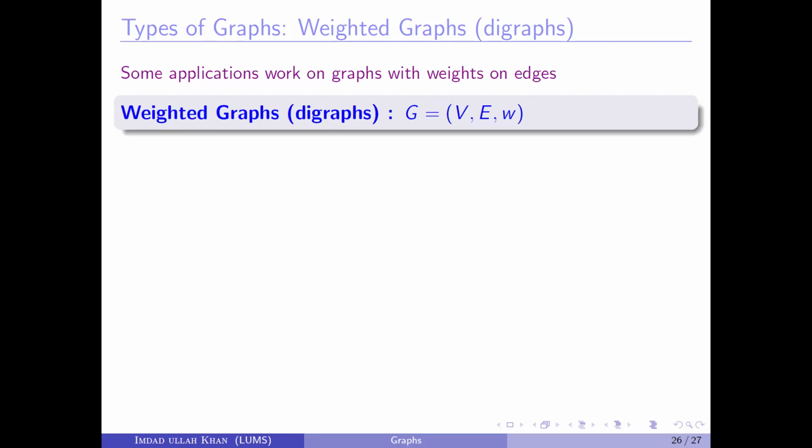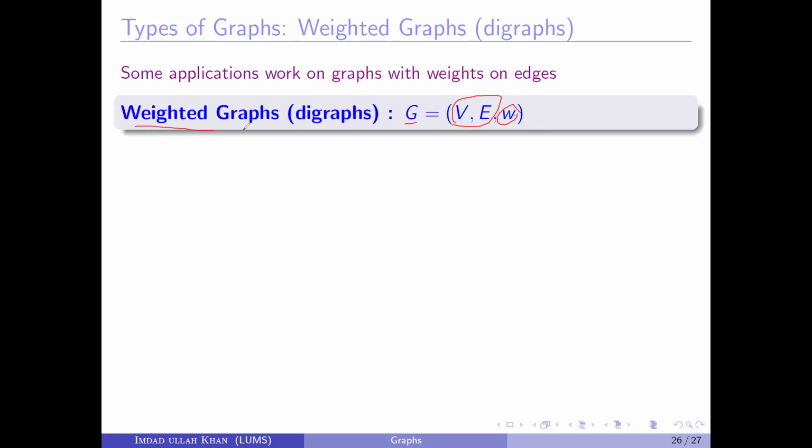Another type of graph is called a weighted graph, which means that besides these two fundamental sets, which are the building blocks of graphs, the set of vertices and edges, we are adding a third component in the definition of a graph. This W denotes a set of weights, we call it the weight vector.